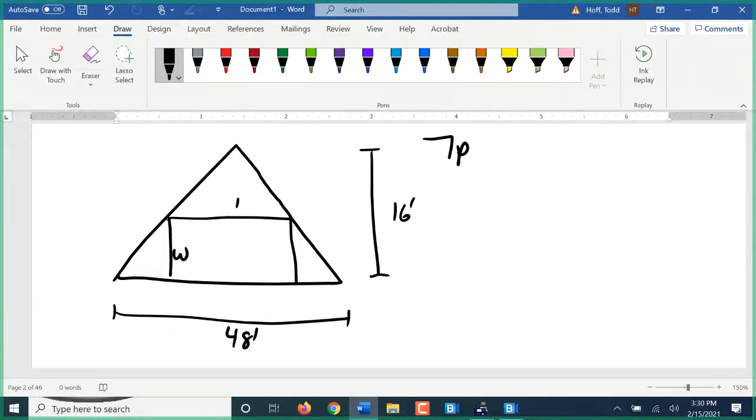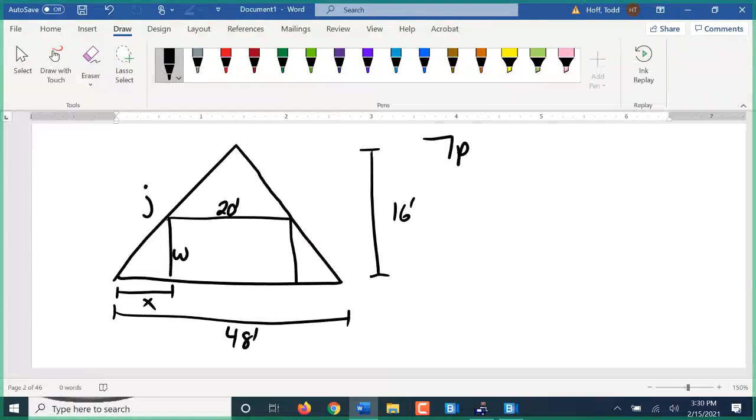Let's be a little more realistic. Let's do a 20-foot ceiling. And again, I'll ask you to find the length of that common top chord there. And I'll have you find this length here, little x.